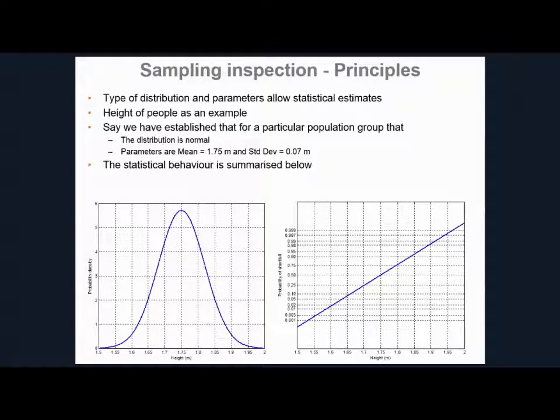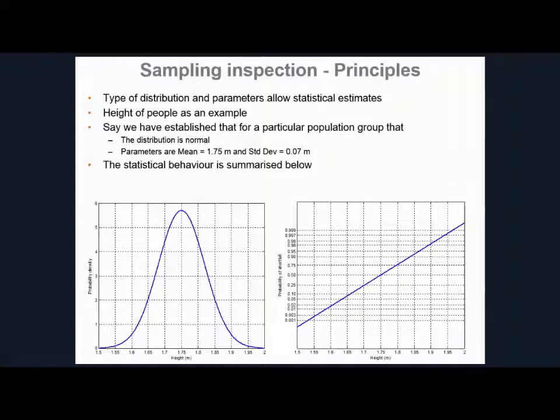So we've established that the distribution is normal, and the parameters for this distribution are a mean of 1.75 meters and a standard deviation of 0.07 meters. So the average basically is 1.75 meters, and the standard deviation tells us something about the amount of variability. So the statistical behavior is fully captured in these two graphics here.